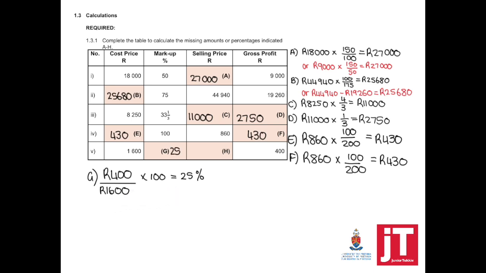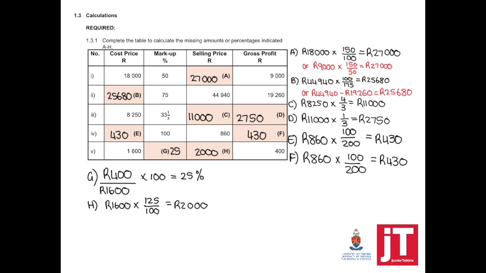That equals 25%. Now we can calculate our selling price, but we've got more than one option. Take your cost times 125 divided by 100. Alternatively, 1,600 plus 400 equals the 2,000.